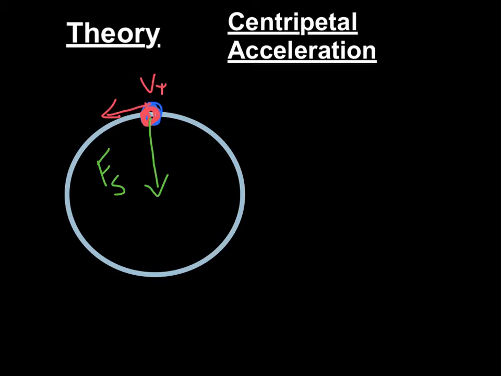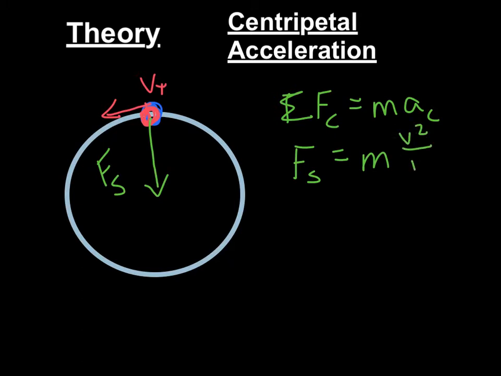So in this lab, the sum of forces, and in this case, we're looking at the forces towards the center of the circle, equals mass times the acceleration towards the center. So this force over here is caused by the spring, and this is m, and if you remember from class, this is v squared over r. So now we have to examine this v, and you know that v equals change in displacement over change in time.